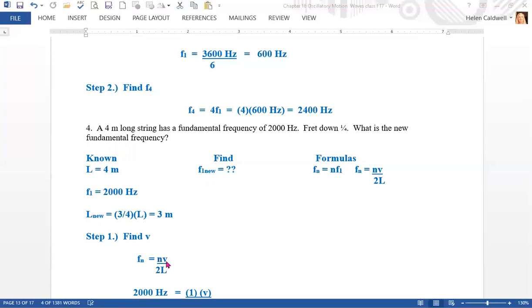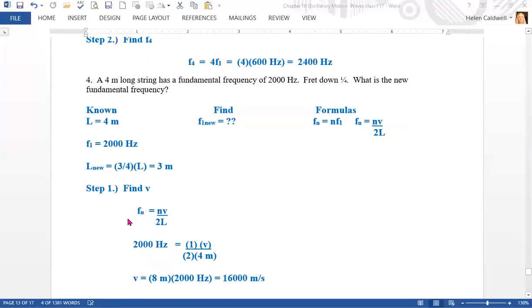So we know a fundamental frequency, we know an original length, we can find the velocity. So 2000 hertz is 1 times V divided by 2 times 4 meters. Now that means that V is going to be 8 meters times 2000 hertz, or 16,000 meters per second.